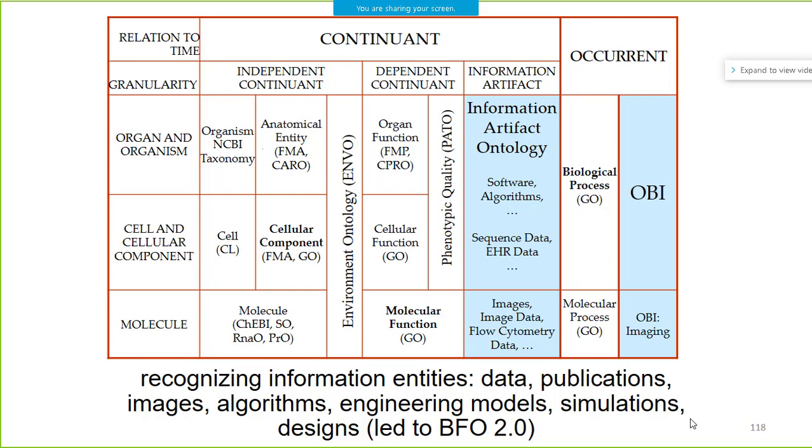And so we created IAO, the Information Artifact Ontology, which is an ontology of things like data, ontologies, publications, laws in the sense of written laws, images, and so forth. So IAO is a kind of mother of OBI, which was born after OBI was born.